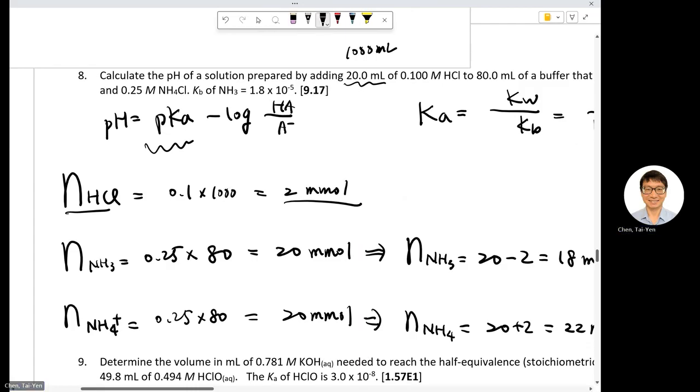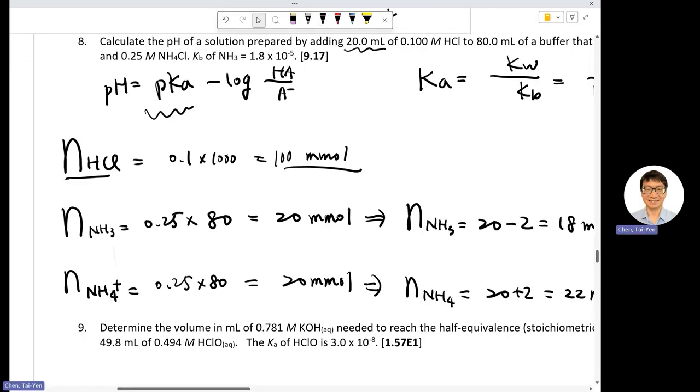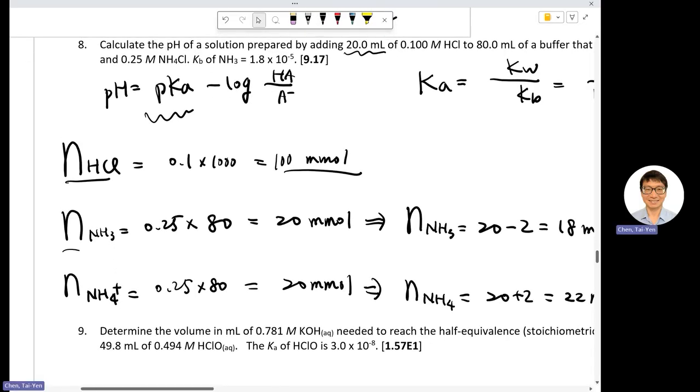Therefore, you're going to have 100 millimole. So you can see that 100 millimole is outweighing any of the weak acid and base, so it will still be consumed by your weak base.